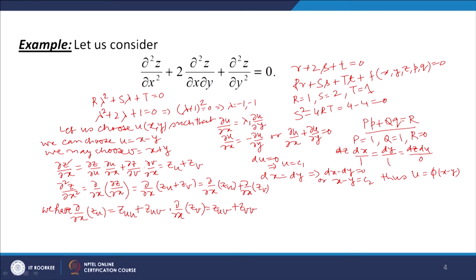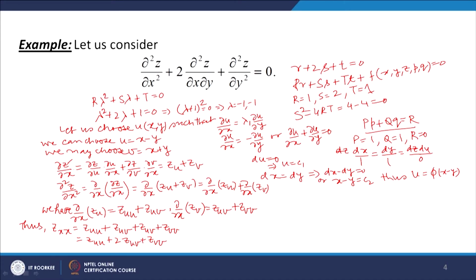So, we have got the values of both the partial derivatives, and thus z_xx is equal to, we put the values here, z_uu plus z_uv, and then this value is z_uv plus z_vv. So, this is z_uu plus 2 times z_uv plus z_vv.